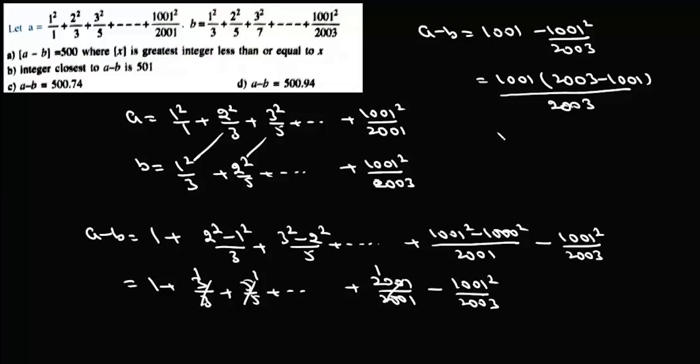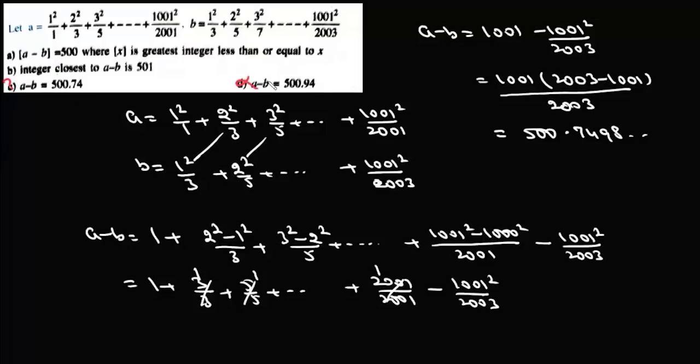Now this value is equal to 500.7498. Now option C is A minus B is 500.74. Now can we take it as 0.74 or not? It is a little dicey, so we are going to leave it open-ended.